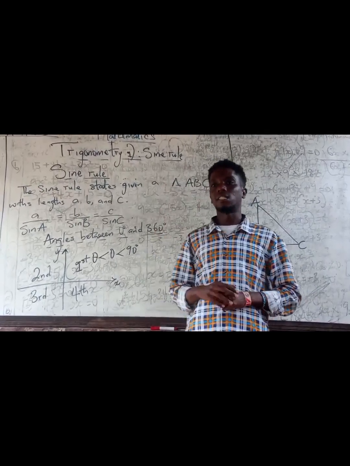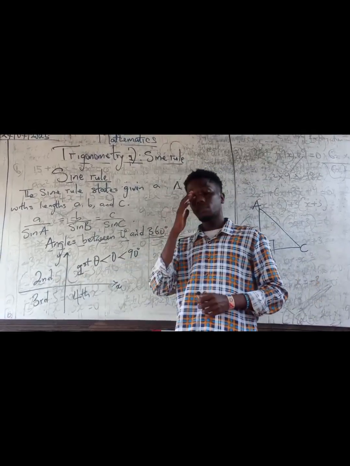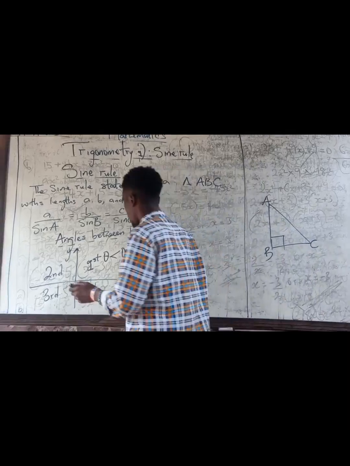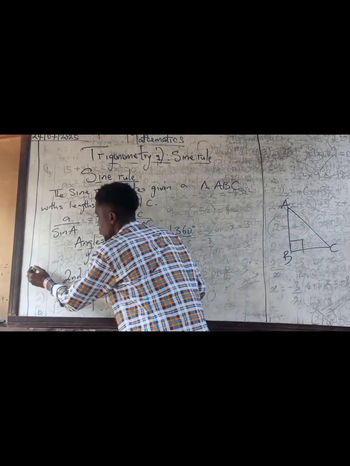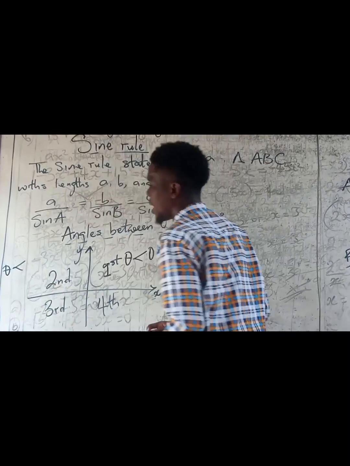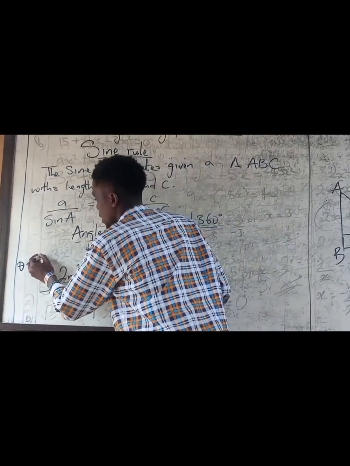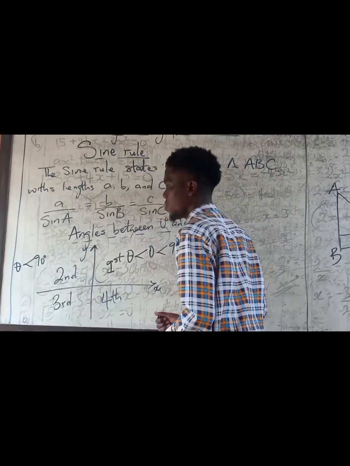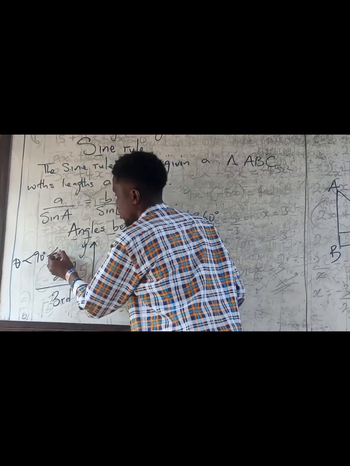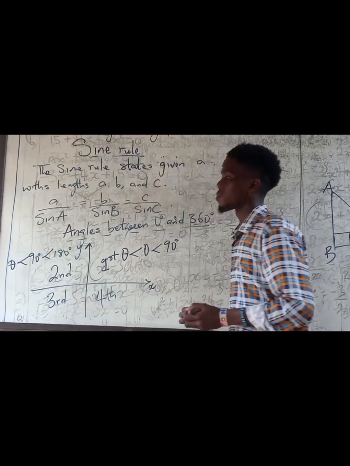Then for the second quadrant, we have angles where 90 is less than theta and theta is less than 180.